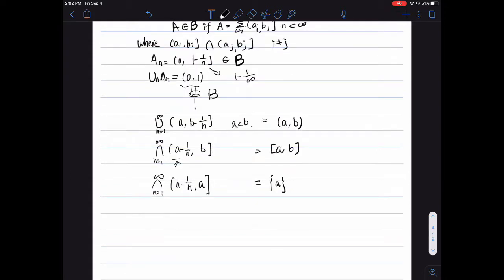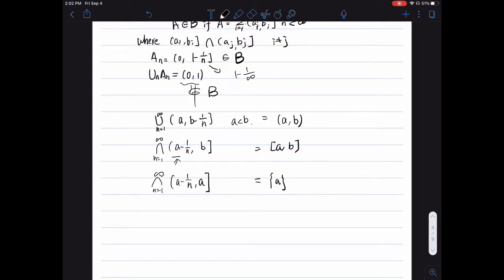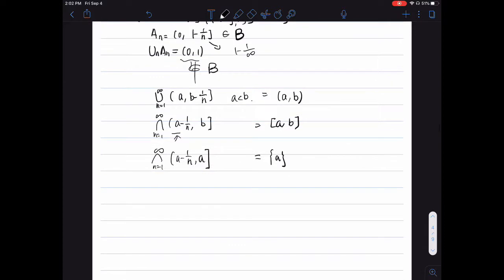Applying the similar idea of using union, intersection, and complement, we can actually obtain different forms, and in addition to open, closed, and singletons, we will have some unbounded intervals in these forms.